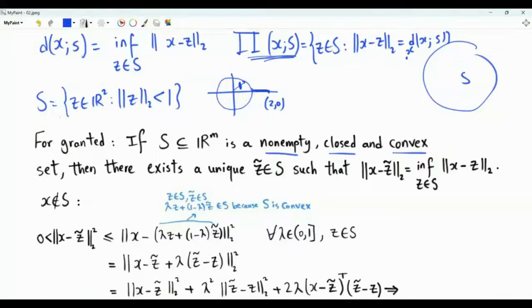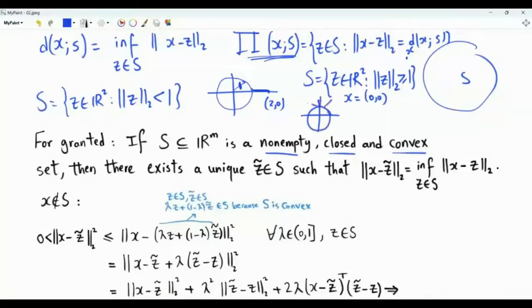However, there is no point in the set S such that the Euclidean distance between x and z is equal to 1. And this is because this set is not closed. In our case here, the distance is unity. However, the projection set is empty. Now take S to be the set of points in R2 such that the L2 norm of z is greater than or equal to 1. And take x to be the origin, (0, 0).